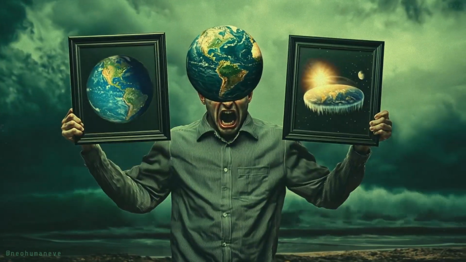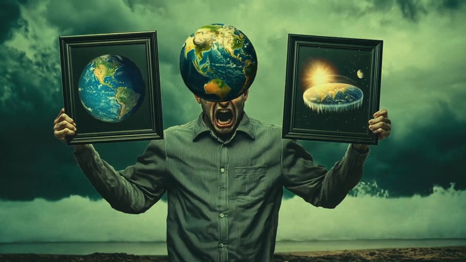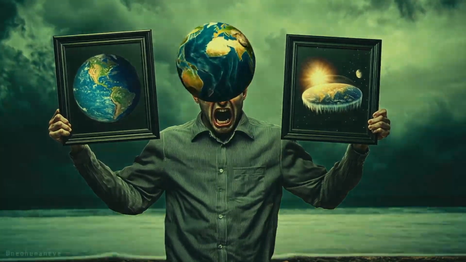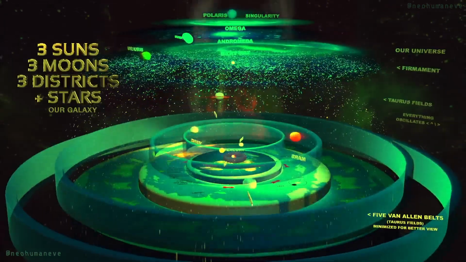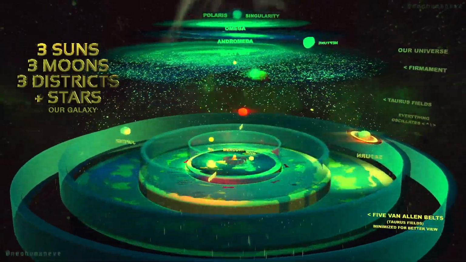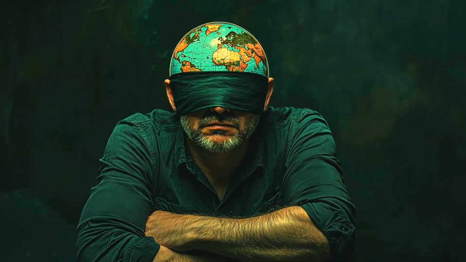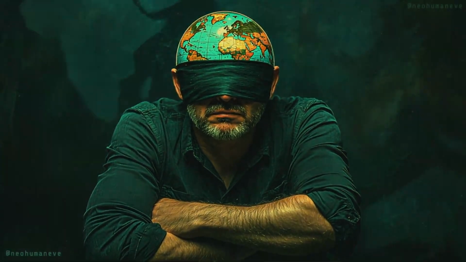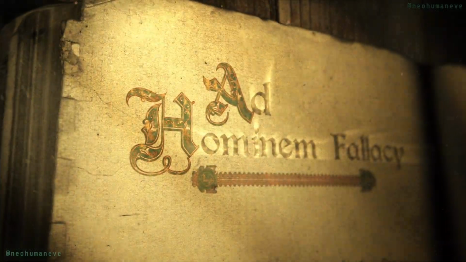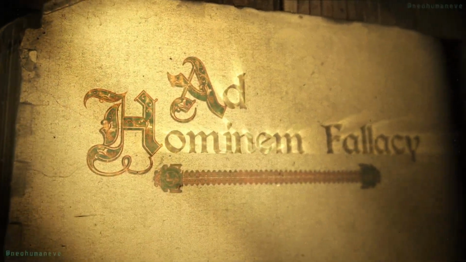By framing the argument as a simple either-or scenario, the globe earther avoids addressing the full range of evidence and theories about Earth's shape, thus limiting the scope of the discussion and preventing a thorough examination of all potential realities.